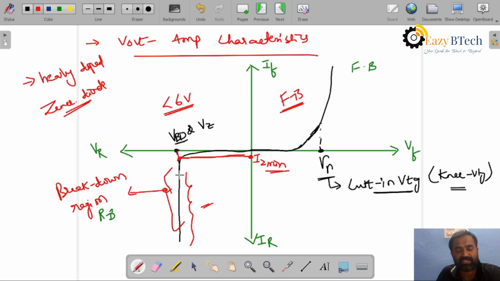But in this case, voltage remains stable or constant, but the current is increasing. That is the difference. In an ordinary diode, breakdown voltages can be observed across some hundreds of volts. Whereas in the Zener diode, the breakdown voltage is very low due to the heavily doped condition.